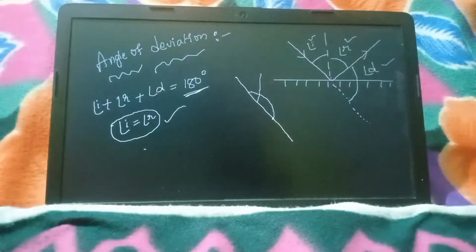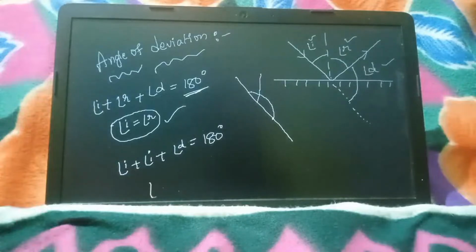So from that we can write angle of incidence plus angle of incidence plus angle of deviation equals 180 degrees. And also we can write angle of reflection plus angle of reflection plus angle of deviation equals 180 degrees. In these two ways we can write it.